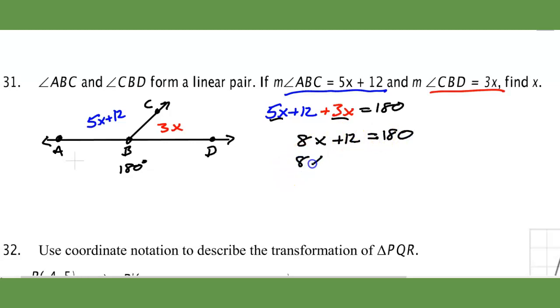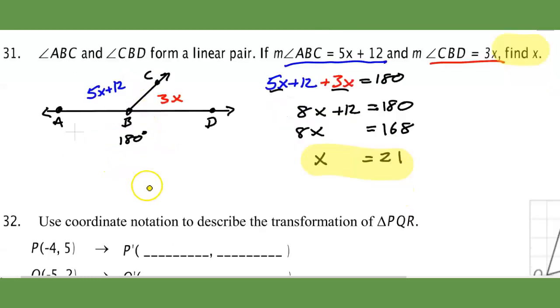We're going to subtract 12 on both sides. That'll be 168. And then divide by 8 on both sides. So 8 goes into 16 twice, and once into 8. X equals 21, and that is what we're trying to find. It's just x. We could plug them in here and show that the two angles do add up to 180 if we wanted to check.